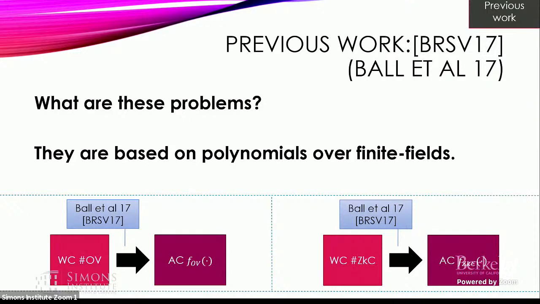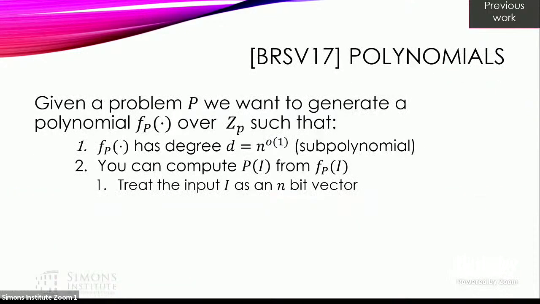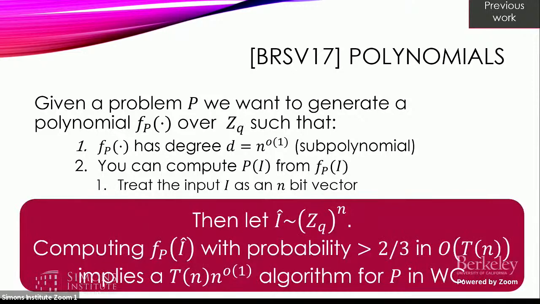And there's some polynomial over a finite field. What they're able to show in Volatile, using previous work, is that if you have any problem P and you want to generate a polynomial FP such that it has low degree, and you can compute your worst case input, your worst case function, orthogonal vectors for example, from a call to FOV, then this problem is hard on average.